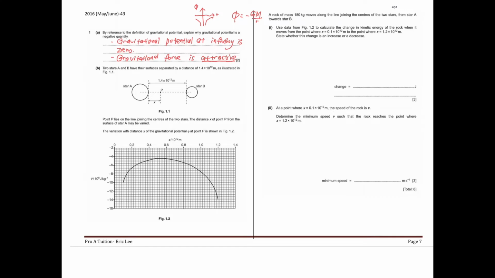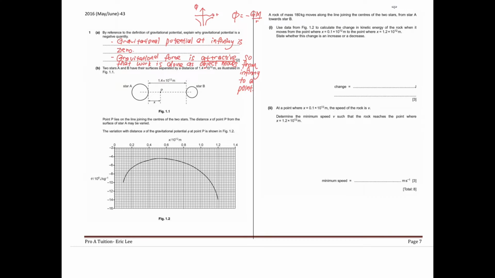So we continue. So that work is done as object moves from infinity to a point.